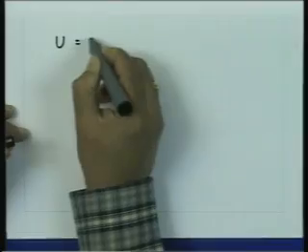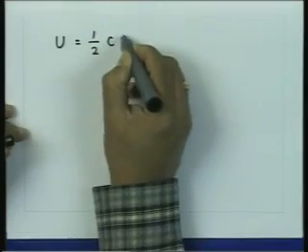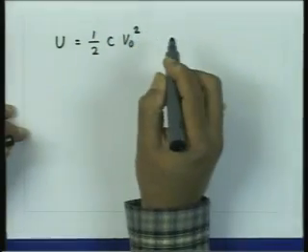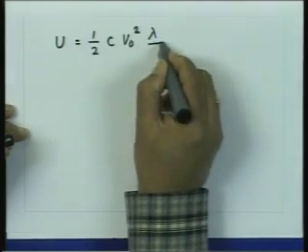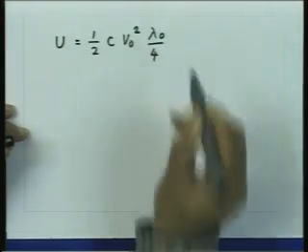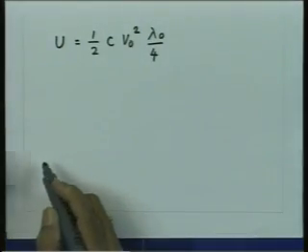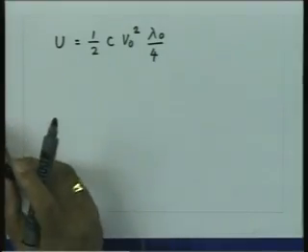So, I get the total energy stored U equal to half C V naught square into lambda 0 divided by 4. This is the total energy stored in the transmission line.